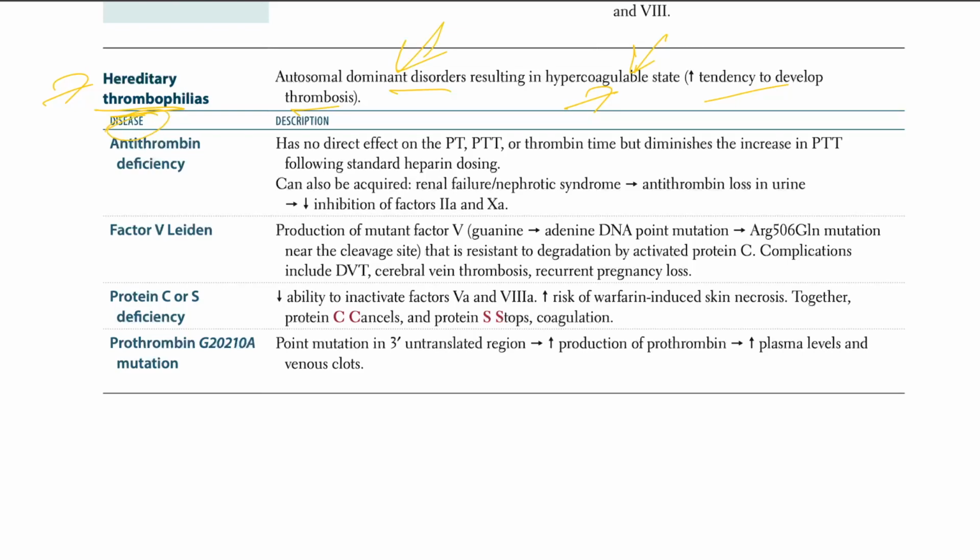These are here. First, we have antithrombin deficiency. It has no direct effect on the PT, PTT, or thrombin time, but diminishes the increase in PTT following standard heparin dosing.